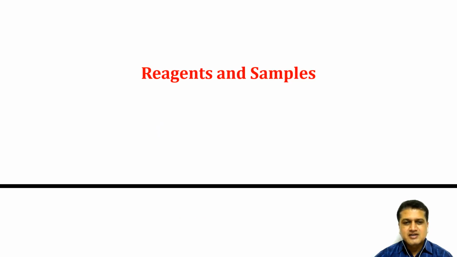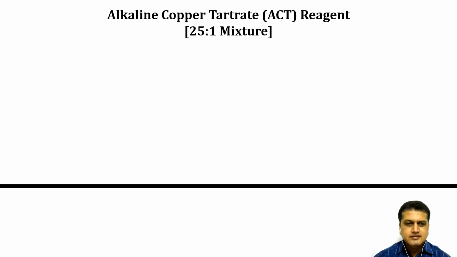Now let us see how required reagents and samples are prepared. First, we have to prepare alkaline copper tartrate reagent by mixing copper reagent A and copper reagent B in a ratio of 25:1.